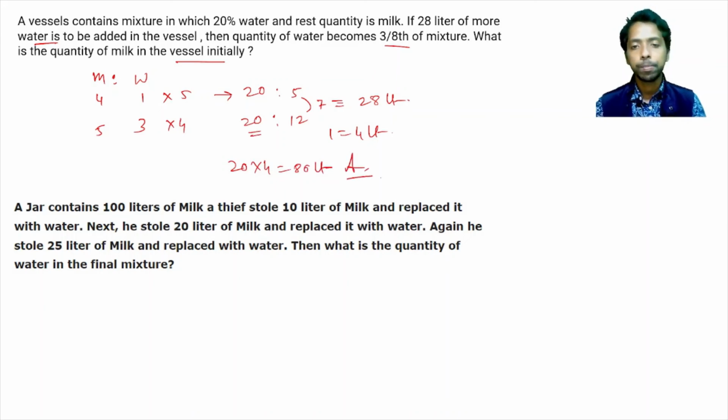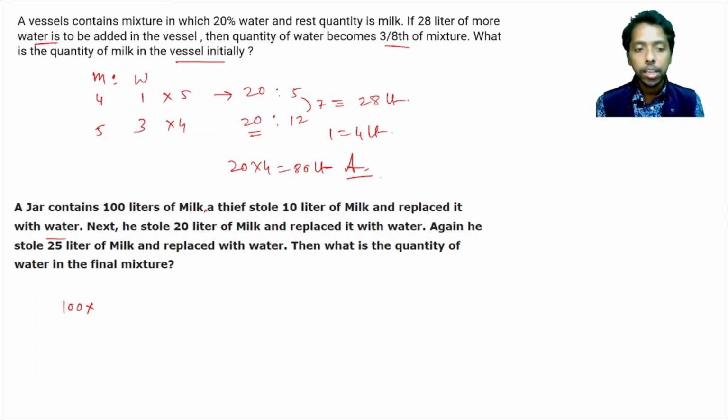This is the answer. A jar contains 100 liters of milk. A thief stole 10 liters of milk and replaced it with water, right? So 100 liters of milk initially. Now 10 liters of milk is stolen and replaced with water.